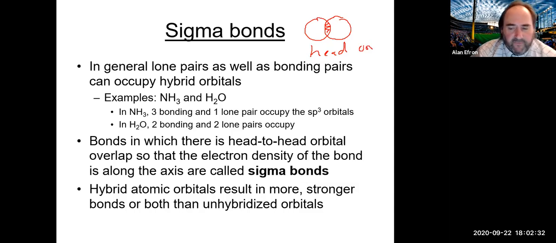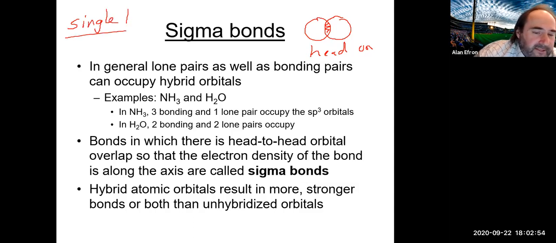They overlap, come straight at each other, and get head-on overlapping. And that is what is referred to as a sigma bond. Really, the easiest way to figure out if something is a sigma bond or not, this might not be 100% scientifically correct, but I think it's actually right, is basically every single bond that you make is a sigma bond.